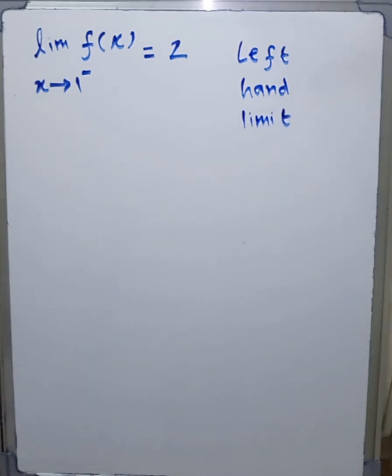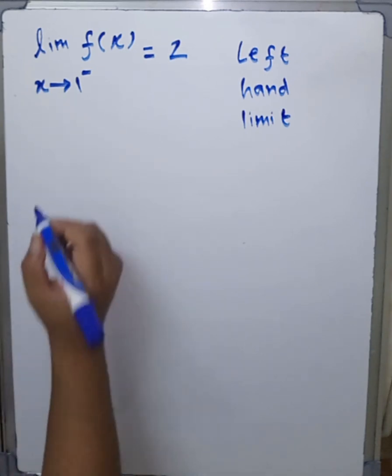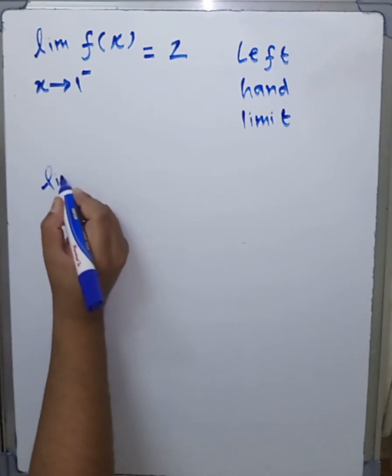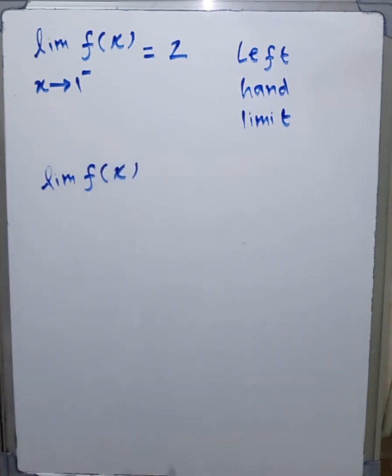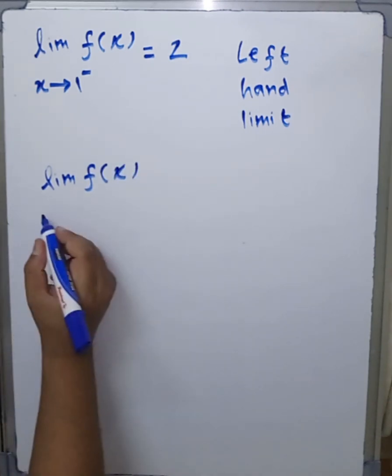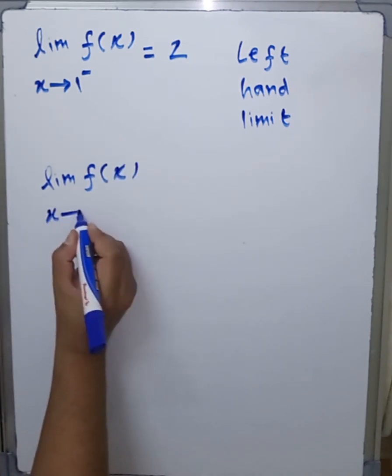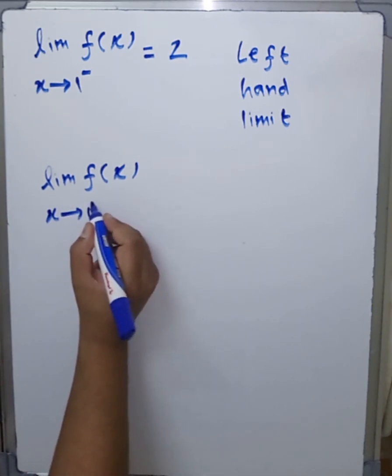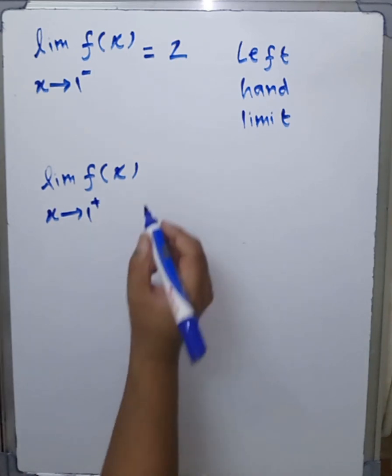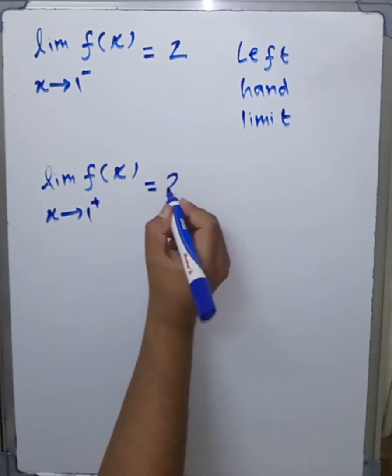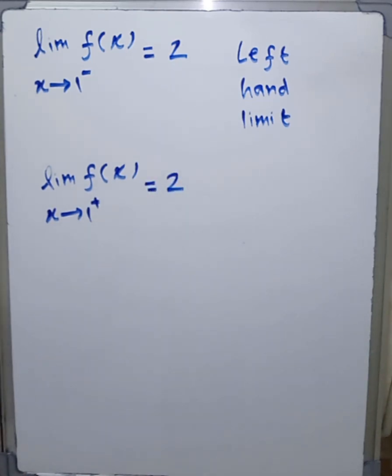The other thing which we discussed was the limit of the function f(x) as x tends to 1 from the right side. This is again equal to 2. What is the meaning?